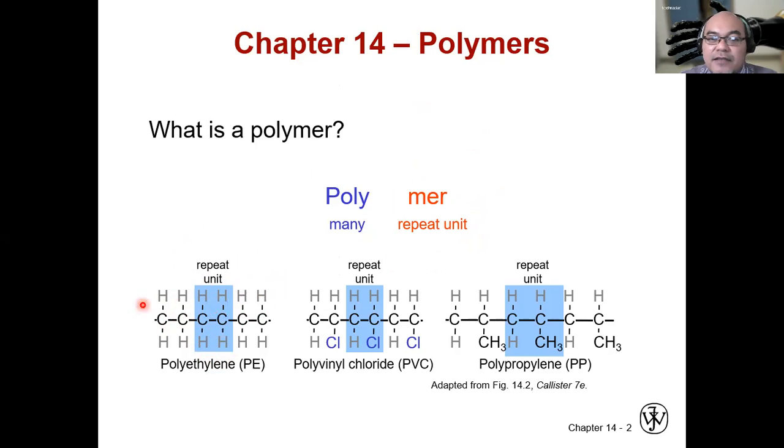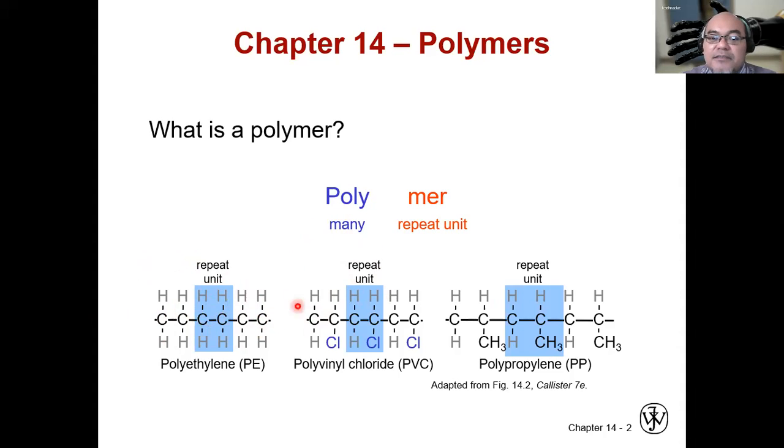Or when you cut the ends, it becomes only C2H4, or ethene. So when this ethene, or ethylene, is being repeated, it binds to other ethylene, then they will make a long chain of polyethylene, repeating ethylene basically.